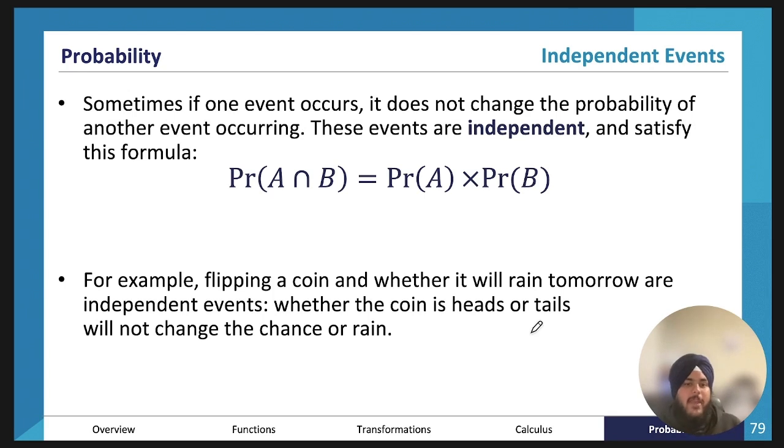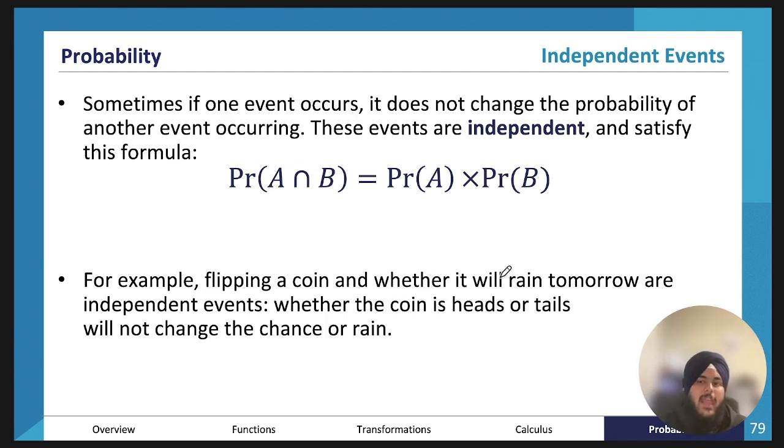So next we have the independent probability formula. We can have events that are independent or dependent. Independent events are basically events that don't really have an impact on each other. An example of an independent event would be flipping a coin and the probability that it rains tomorrow.